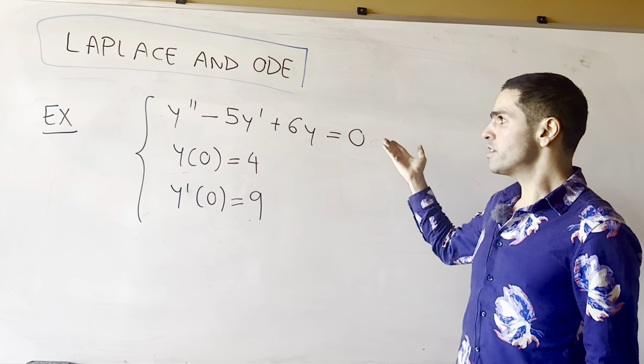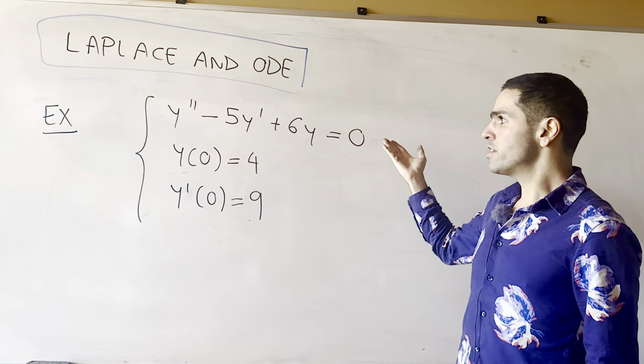So, for instance, consider y double prime minus 5y prime plus 6y equals 0 with those initial conditions. Well, the first step to solve this was take the L, meaning apply Laplace transforms to both sides of the equation.